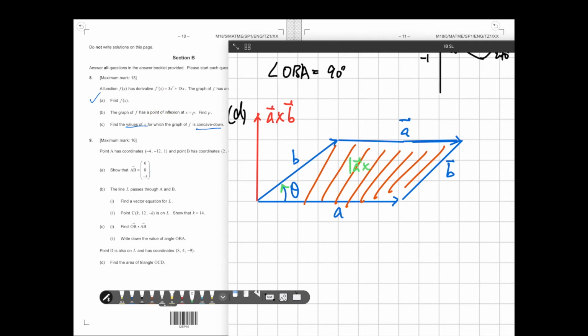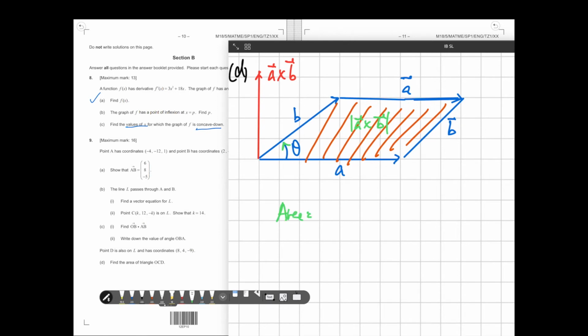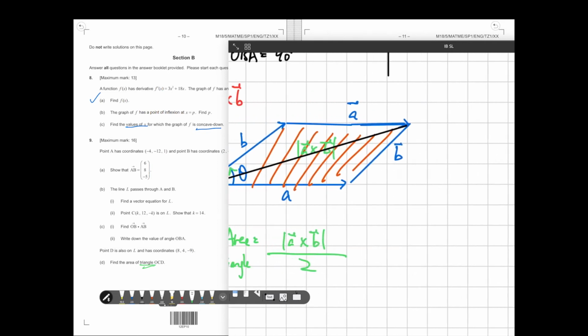So that is A cross B. So the area will be just equal to A cross B, right? But we want to find the triangle, so we just have to find half of this. So the area of the triangle is just half of this cross product.